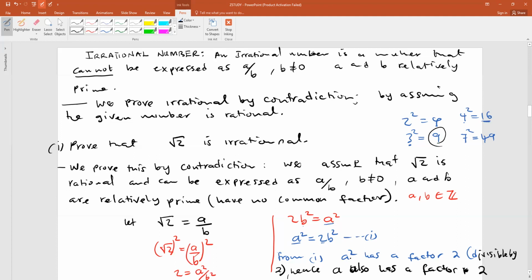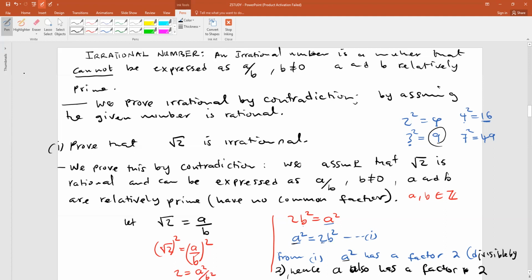Get this right: if a squared can be written as 2b squared, it means this a squared has a factor 2. And it implies that even before this a was squared, just the ordinary a, it also has a factor 2, from the properties of integers. This is how integers work.